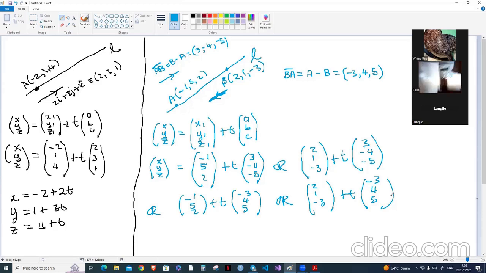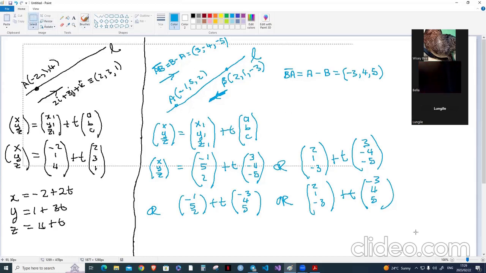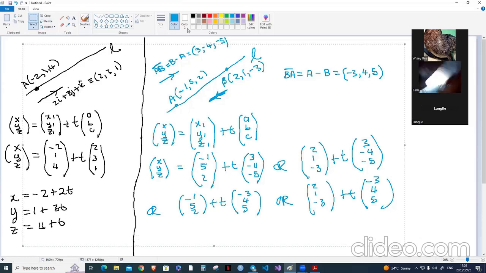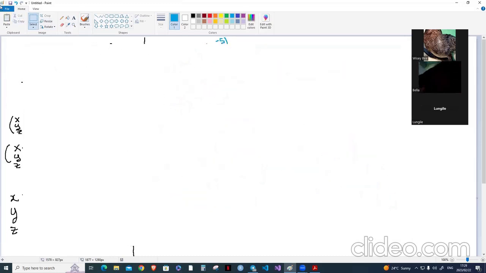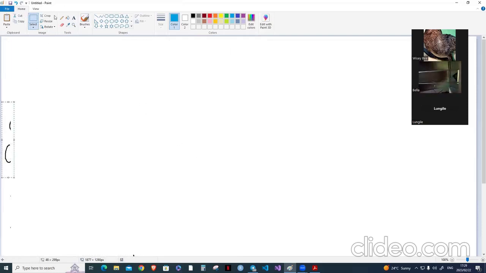Let's say you're given 2 lines. Let me erase this because I want to work on this area. Right.